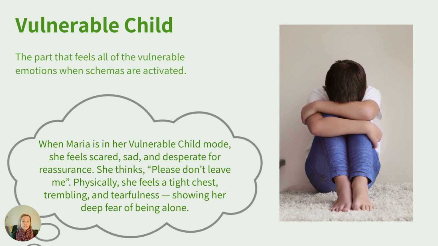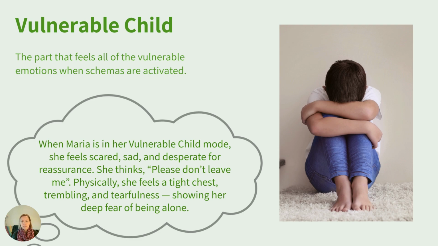And so there are different types of schema modes. So we have a structure within the mode system. One of the types of modes is the vulnerable child mode. And this is the part that feels all of the vulnerable emotions when the schemas are activated. And arguably, it's the most important mode because we are trying to connect with that mode all of the time.